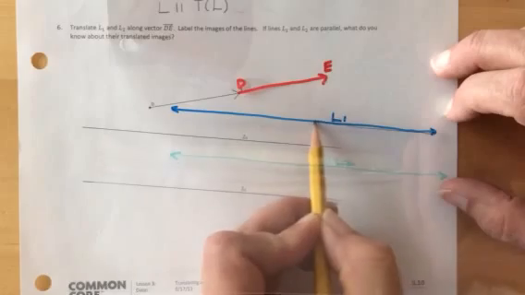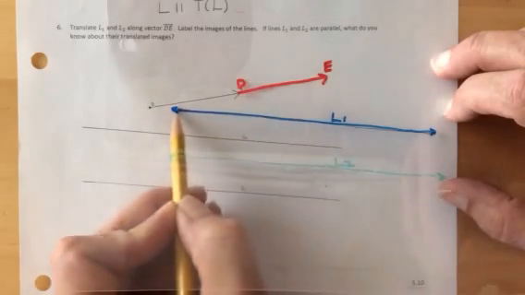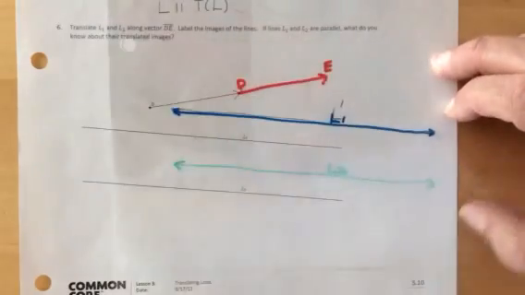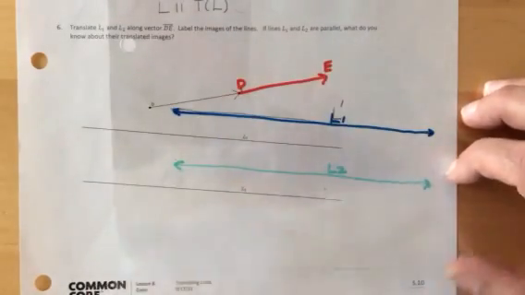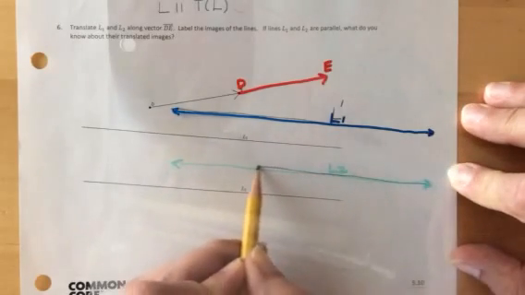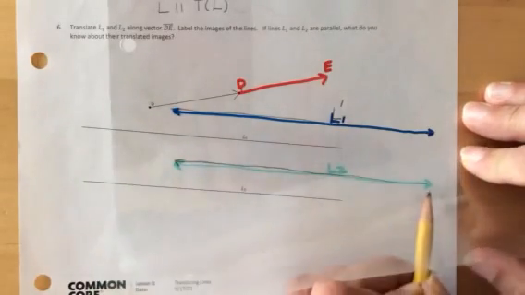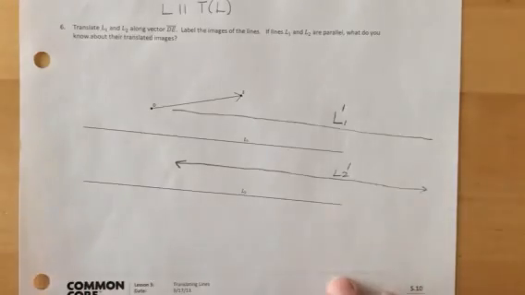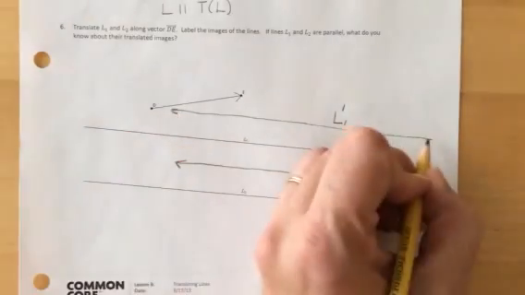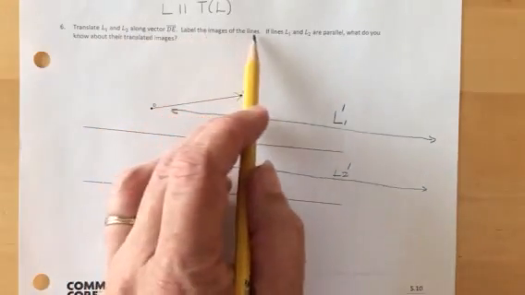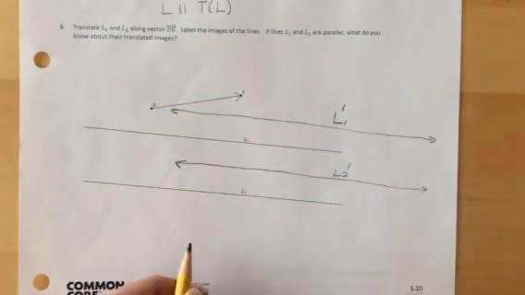So line 1 is right here. I'm going to call this L1 prime, and line 2 is right here. This is L2 prime, the image of L2. Okay, so we've drawn them. We were asked to label the images of the lines, so we've done that.